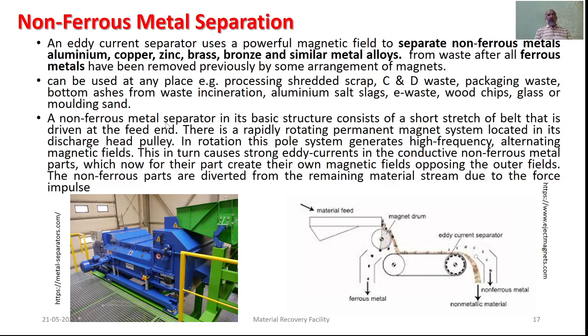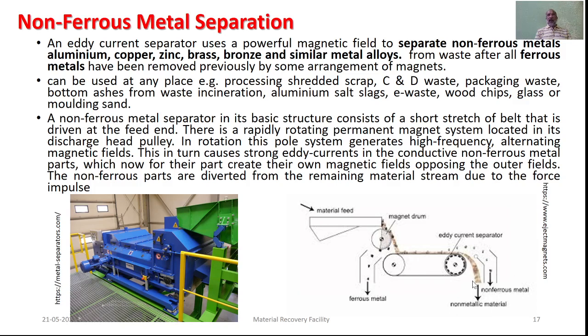Principally, a non-ferrous metal separator in its basic structure consists of a short stretch of belt that is driven at the feed end. There is a rapidly rotating permanent magnet system located in its discharge head pulley. In rotation, this pulley system generates high frequency alternating magnetic fields.